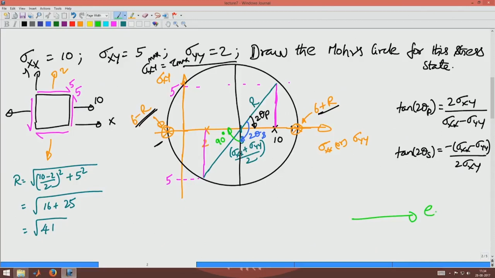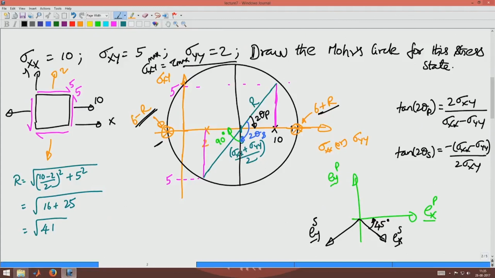Say this is Ex p, the plane on which the maximum normal stress occurs, this is Ey p, and the plane on which the maximum shear stress occurs, this Exs, Eys. Okay. This angle is 45 degrees, so that it will be 90 degrees in the Mohr circle. Okay. That angle is 45 degrees.